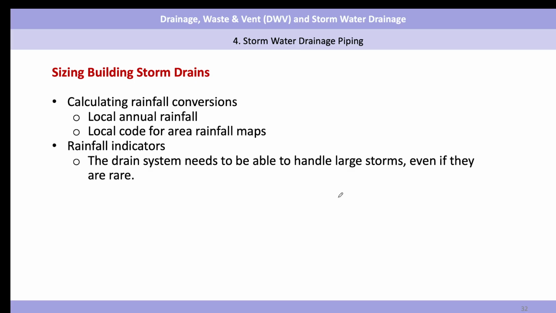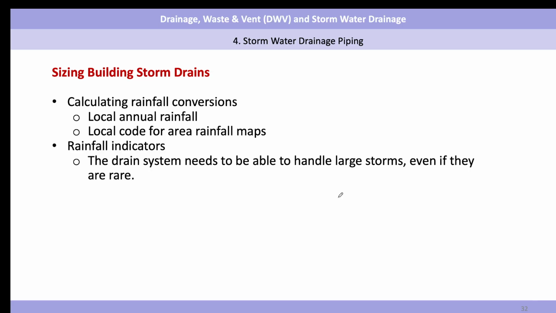And for stormwater, we also need to consider how to find the appropriate size to remove the water. What features do we need to collect to find the appropriate size? The first one is rainfall, how much rainfall annually. Like local annual rainfall, local code, area rainfall maps, rainfall indicator.